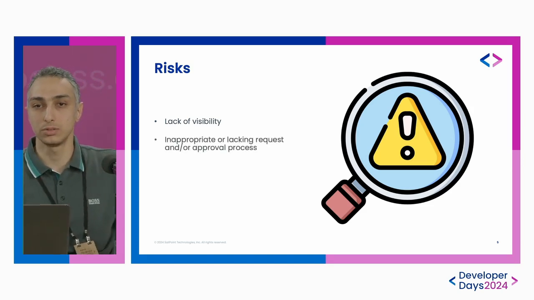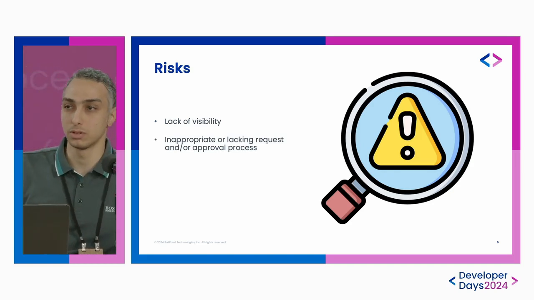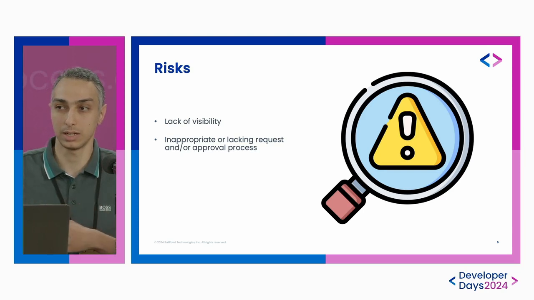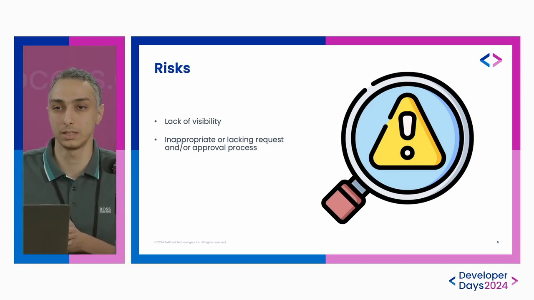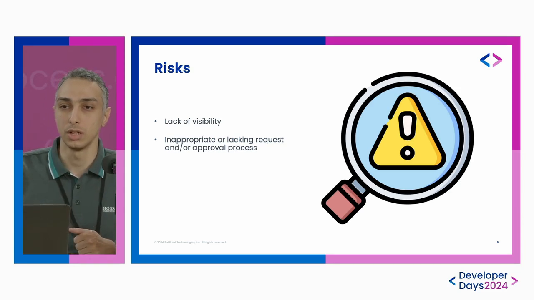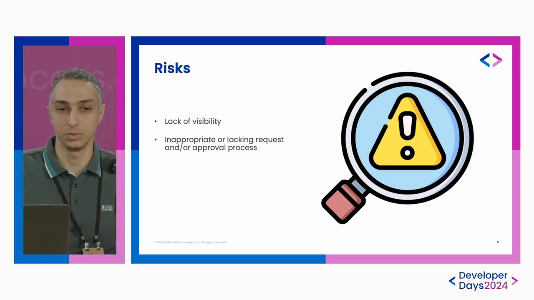This also could lead to inappropriate request and approval processes. Someone got an access, or an access was removed from his account, and no one has approved it. This could also lead to compliance issues and audit findings at the end, because this could tamper with the audit trail, or cause unauthorized modification to the account, so you cannot prove it.